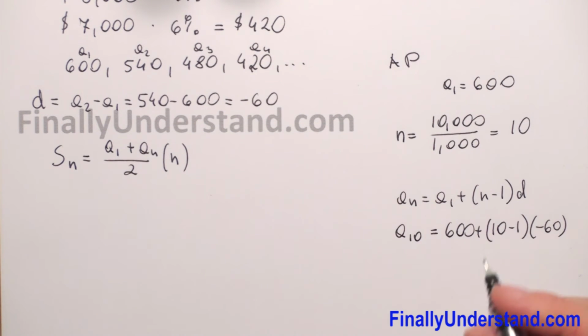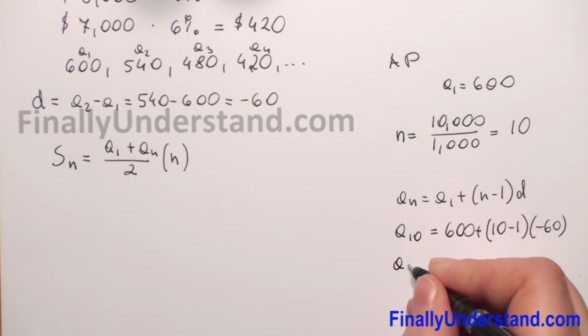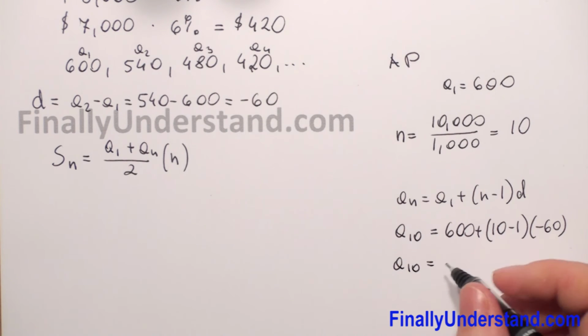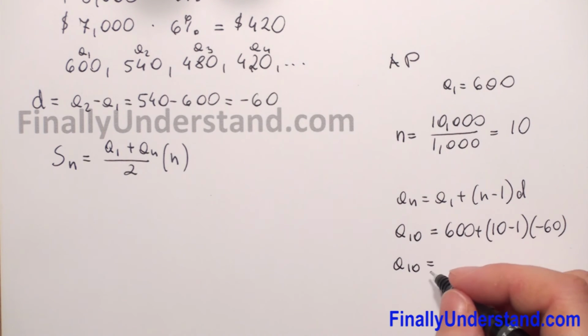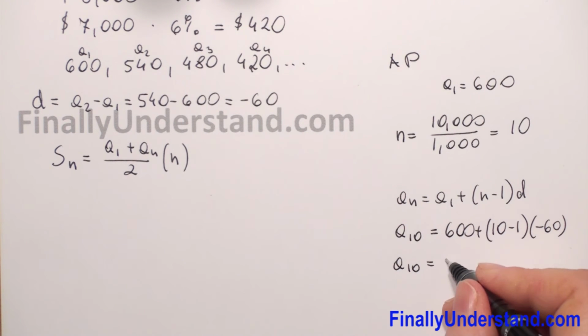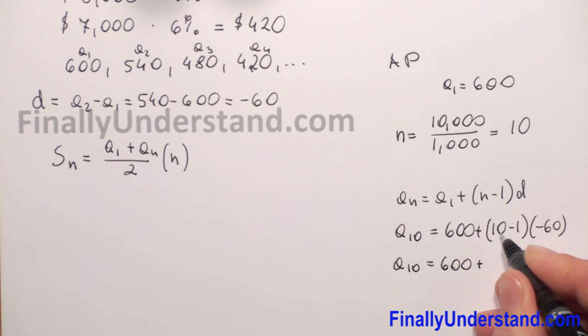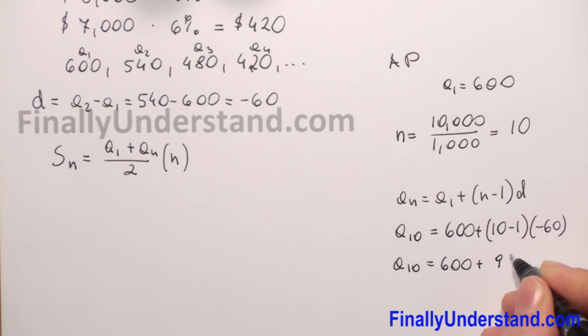So A10 is equal, it will be the last term of interest which she has to pay. So it will be 600 plus 10 minus 1 is 9 times negative 60.